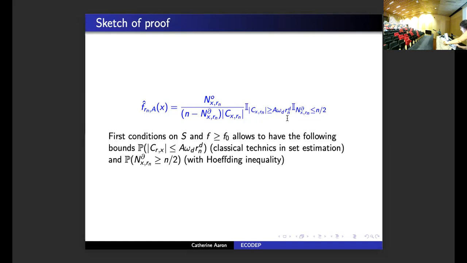It's because you suppose, as usual, that n times Rn power d goes to infinity, so that you have enough points in each ball, so that when you take the convexhull, we recover at least half of the ball. So take a equal 1 and 2, and it's okay.